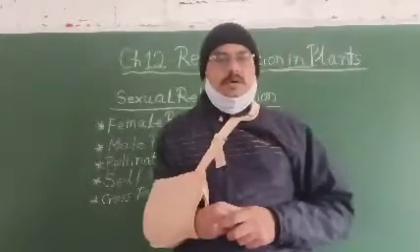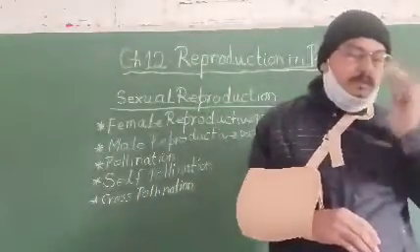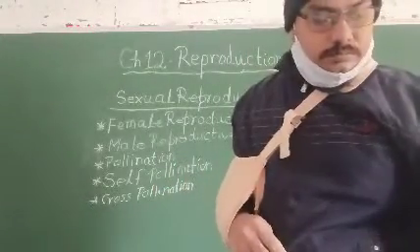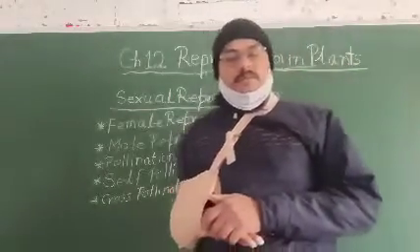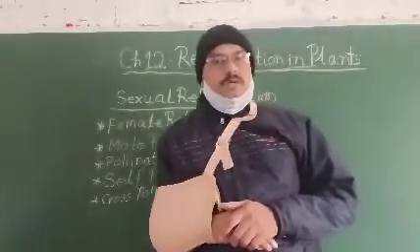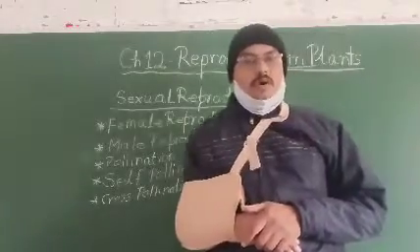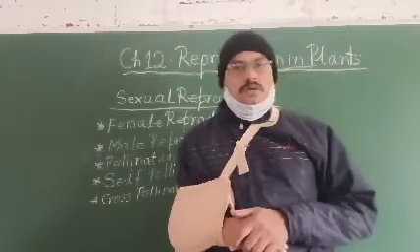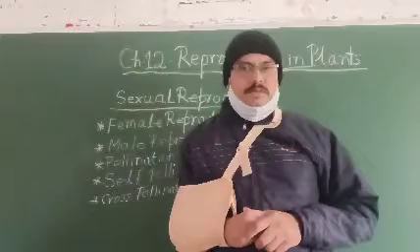First, let's talk about the female reproductive organ. Before that, let me explain that such type of sexual reproduction only occurs in a flowering plant. Now, there are two different natures of flowers.